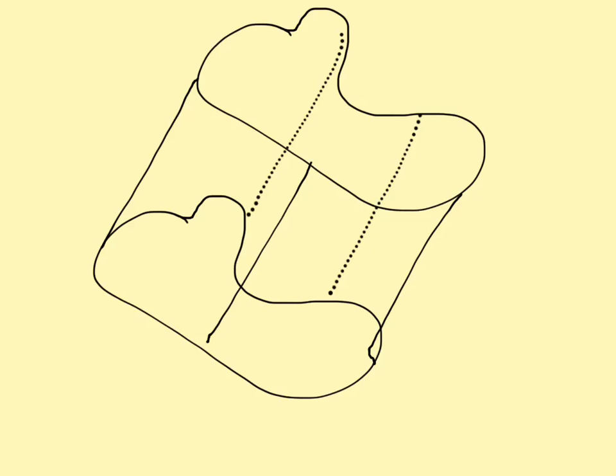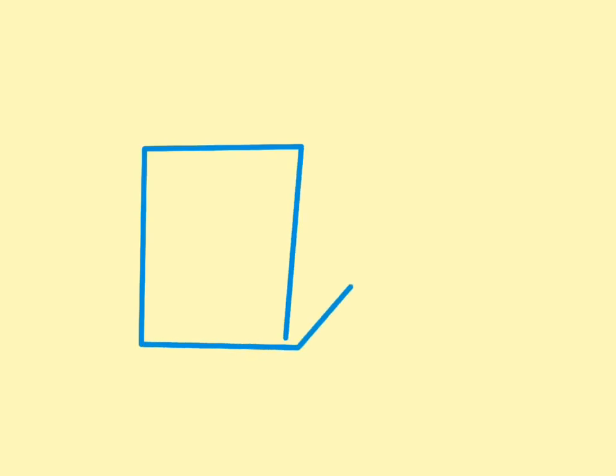So you can imagine this shape is kind of a prism of sorts, or it could be a more traditional prism like this, a box, say, or it could be any shaped base.